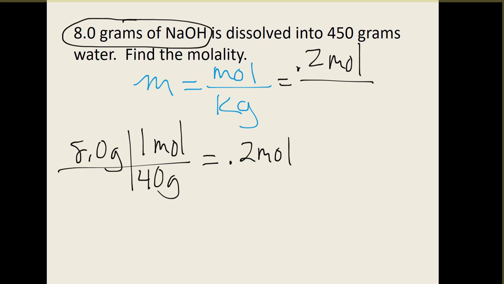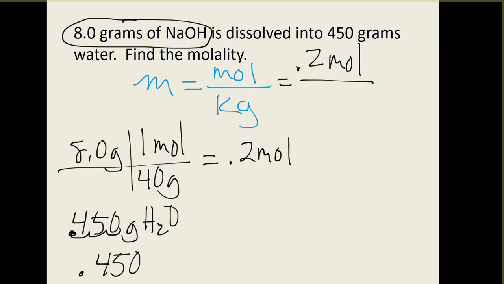And now we have kilograms of my water, and they only give us 450 grams of my water. So I need to convert to kilograms. So there's 2 ways to do this. I can move my decimal over 3, 1, 2, 3. So I'll have 0.450 kilograms. So kilograms are a lot larger unit than grams are.